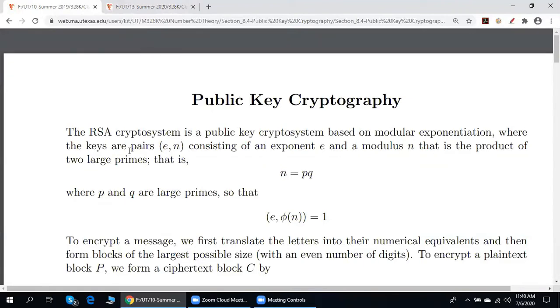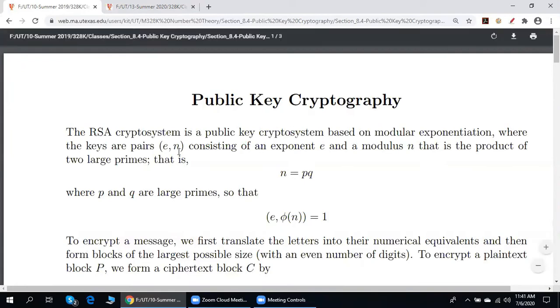So, you are able to encrypt, but you are not able to decrypt if you do not know the underlying plain text. So, we start with a pair of integers.